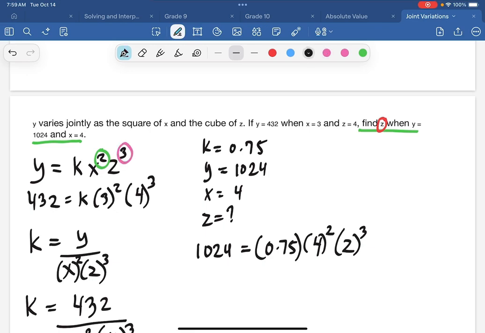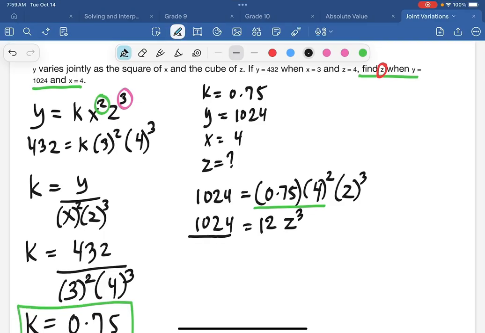Now based on this, let's just use a calculator for this part. So we have here 1024 equals 0.75 times 16, so we get 12, and then z cube.